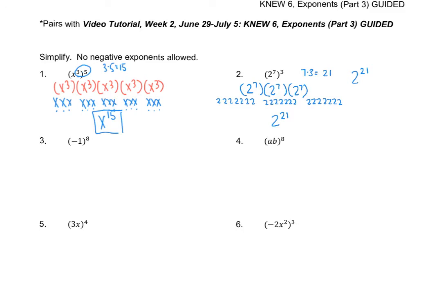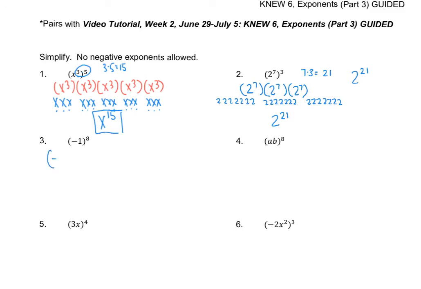All right, now for number 3, you might ask why number 3 is thrown in with these. Well, for number 3, this is saying I have negative 1 to the 8th power.